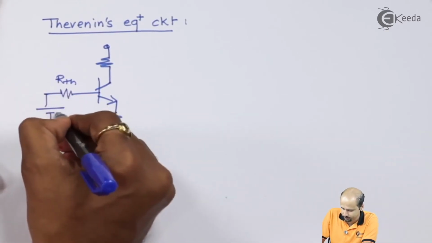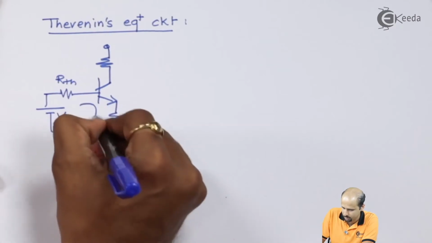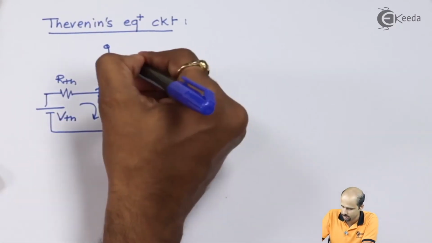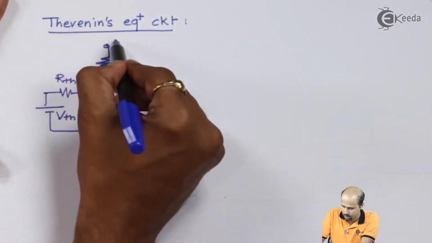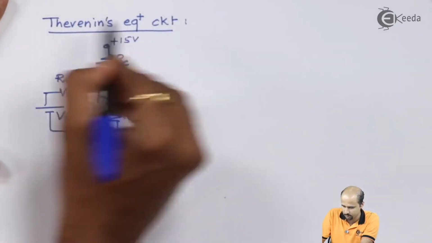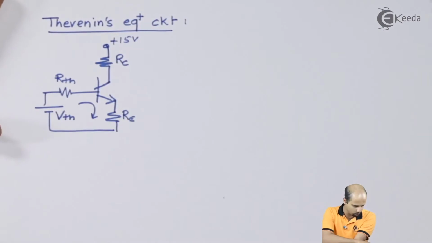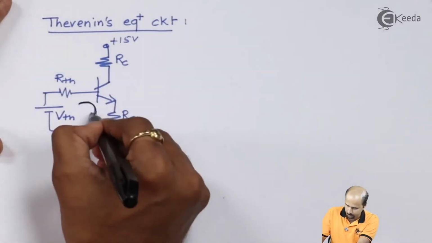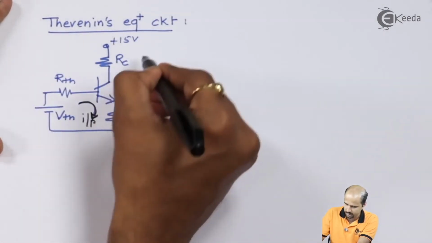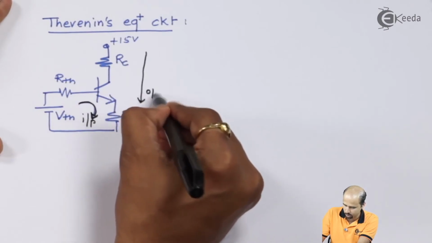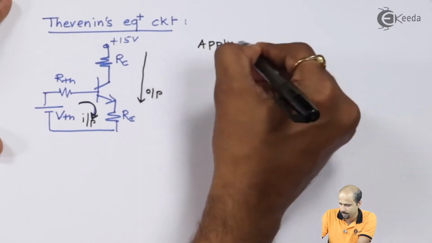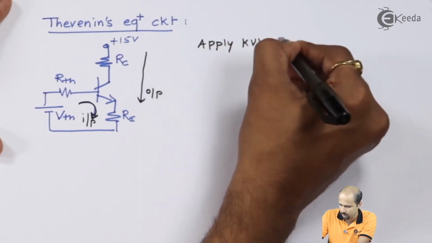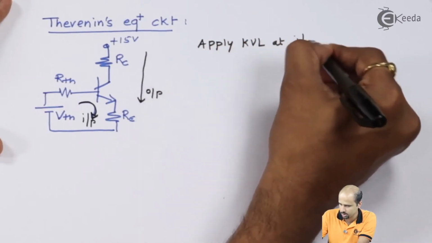This is your input KVL. This is your value of RC and this is your value of RE. Okay, this has 15 volts. We just have to look at the input side. We'll have to apply input KVL. Here we'll say that this is input and this is your output. So apply KVL at the input side.